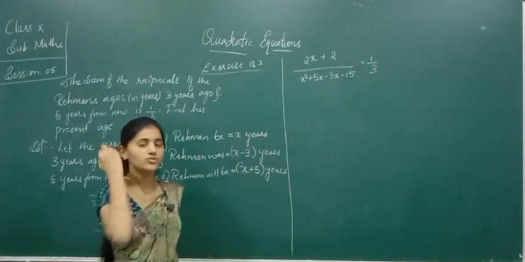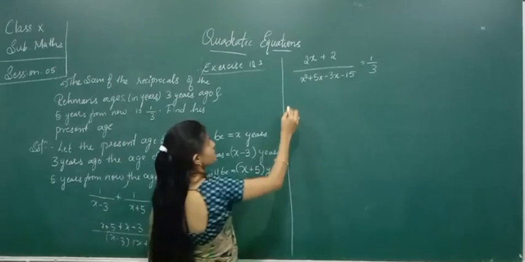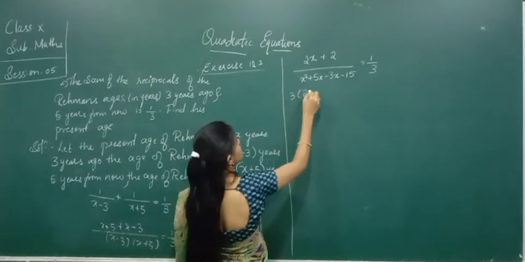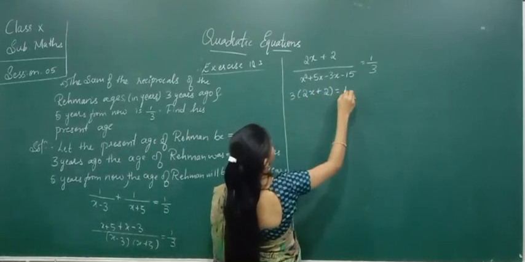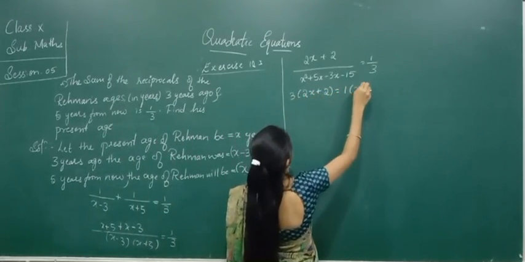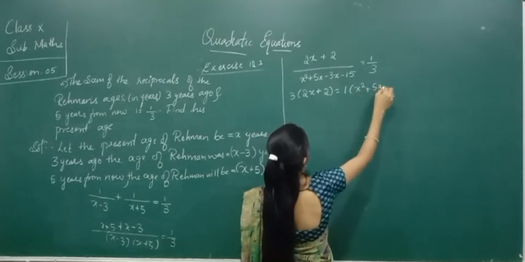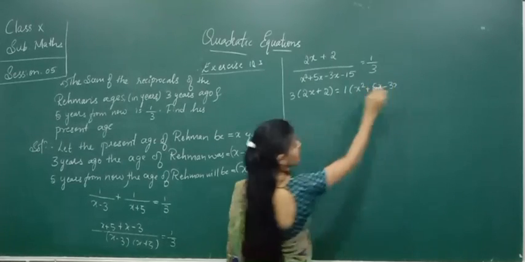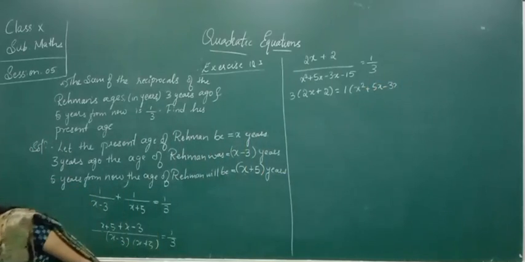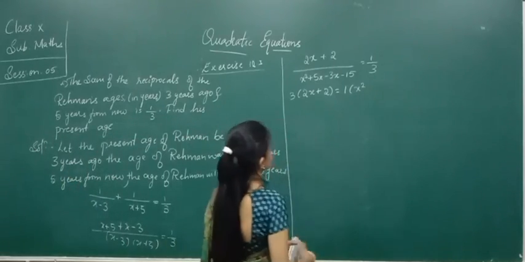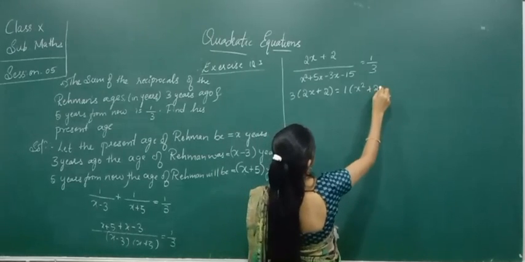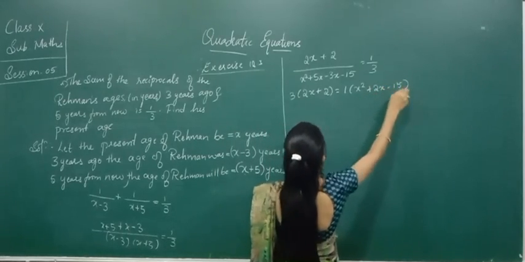Now what we are going to do? Cross multiply, that is 3 into 2x plus 2 will be equal to 1 into x square plus 5x minus 3x. What is 5x minus 3x? It is going to be 5 minus 3 plus 2, right? Plus 2x minus 15.